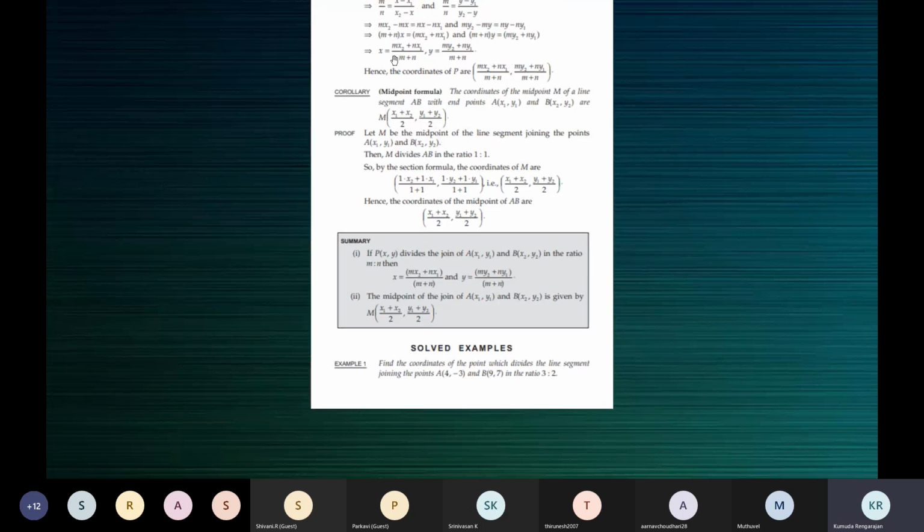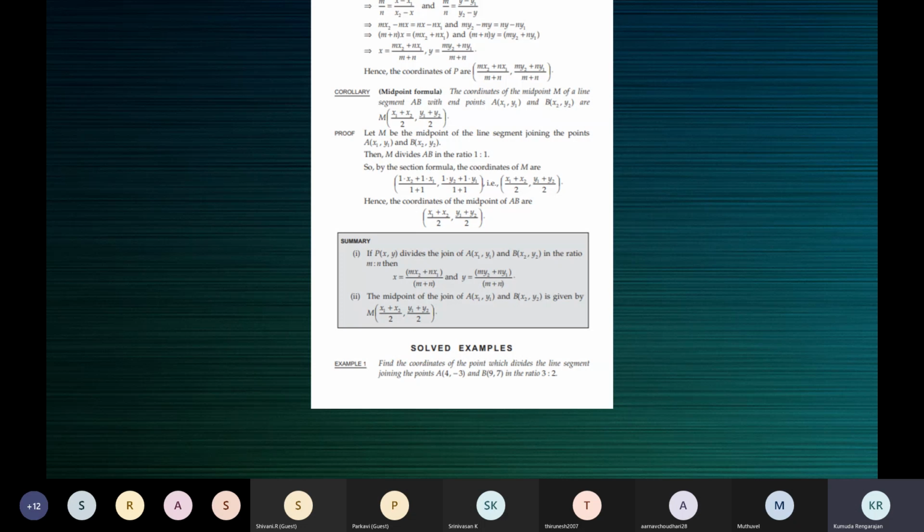You can write x coordinate of P is equal to, P is the point on the line segment AB. I'm not showing you the answer. I want you to get it by yourself. X coordinate of P is equal to mx2 plus nx1 by m plus n.